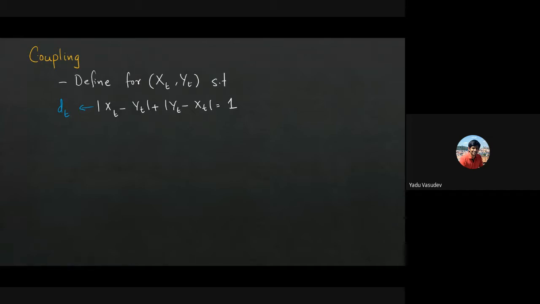We'll first look at this coupling, and for this coupling we will say what is the probability that in the next step, the size dt increases. What is the expected increase in dt, and using that we will finally define a coupling for arbitrary states xt and yt. So this is what we will do first.